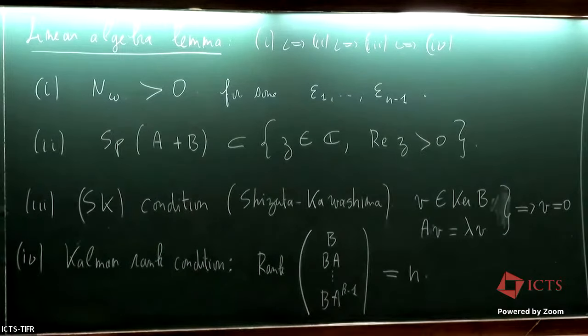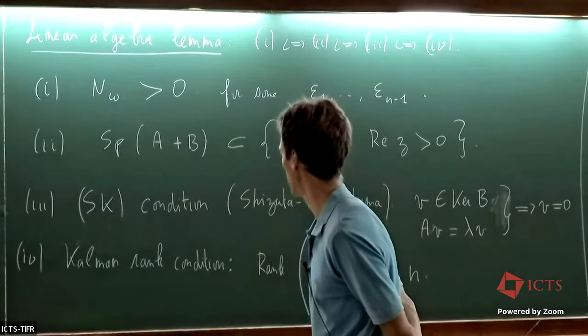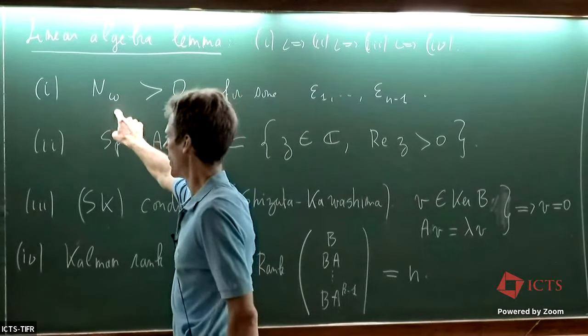Okay, so now this is true for any omega, but if we want to go back to the initial problem, which was to get some decay properties, some estimate on some system of pseudo-differential equations, we need to have this condition for all omega.